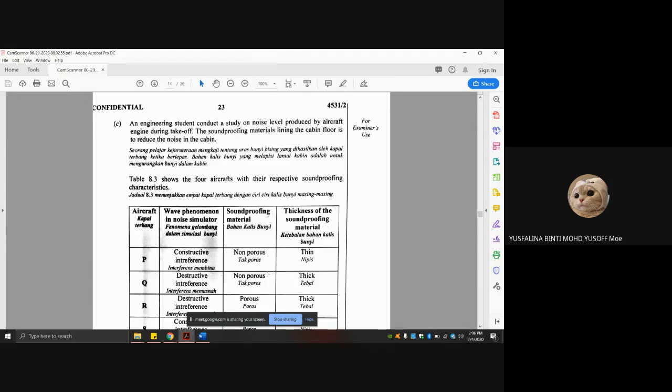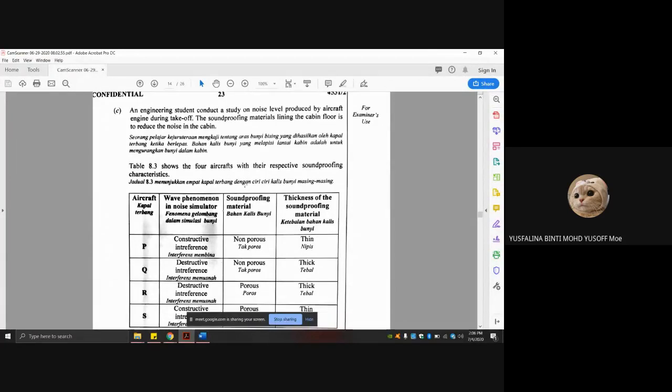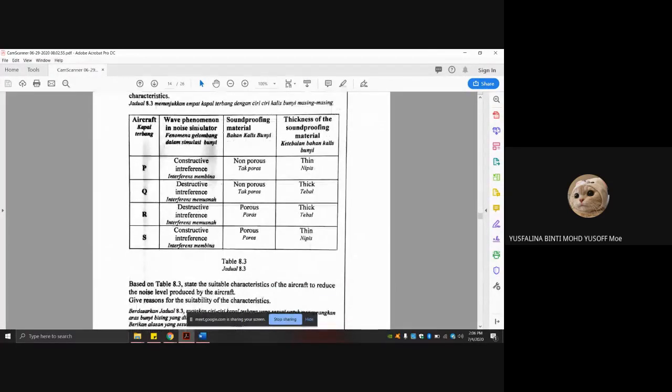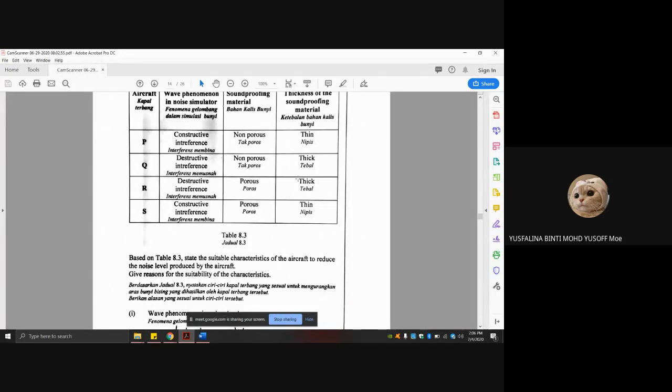Table 8.3 shows the four aircrafts with their respective soundproofing characteristics. This is the wave phenomenon in noise, so you have to choose. Based on table 8.3, state the suitable characteristic of the aircraft to reduce the noise level produced by the aircraft. Give reasons for the suitability of the characteristics.